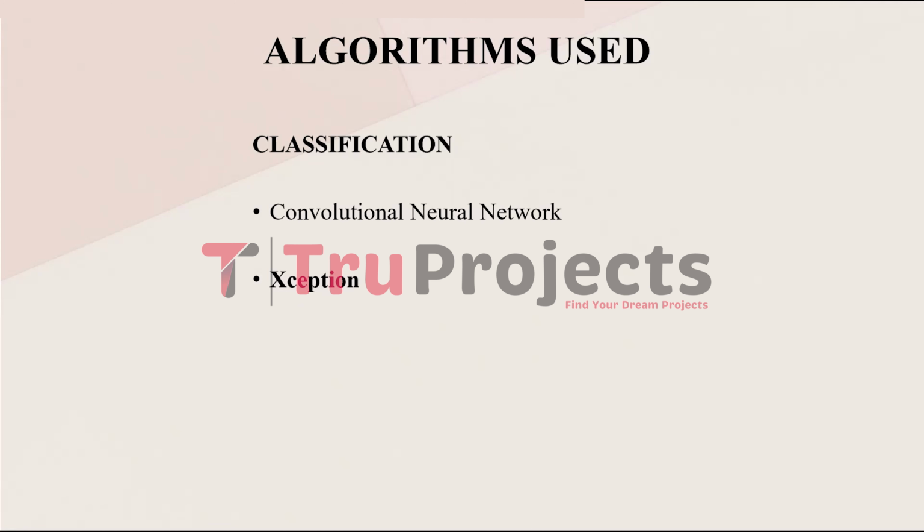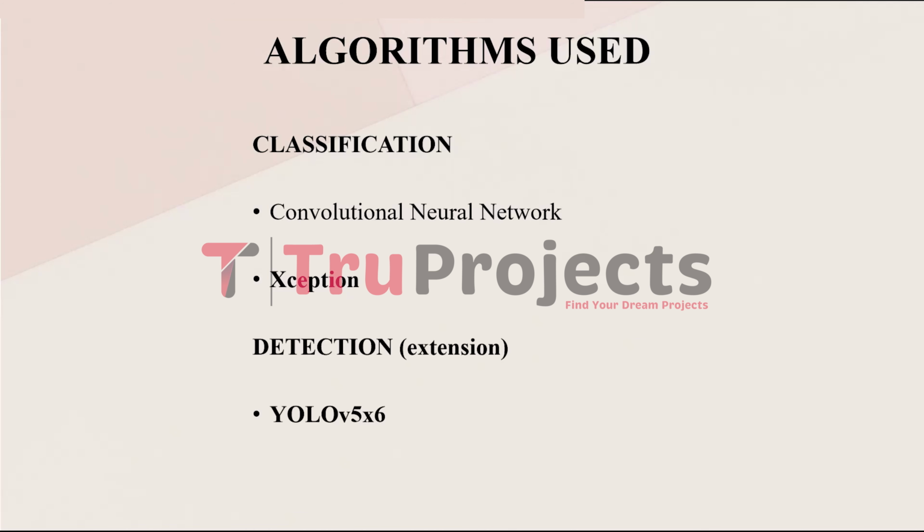So, this separation reduces computational complexity while maintaining or even improving accuracy compared to traditional CNNs. So, this is about the Xception model. These are the classification models built.